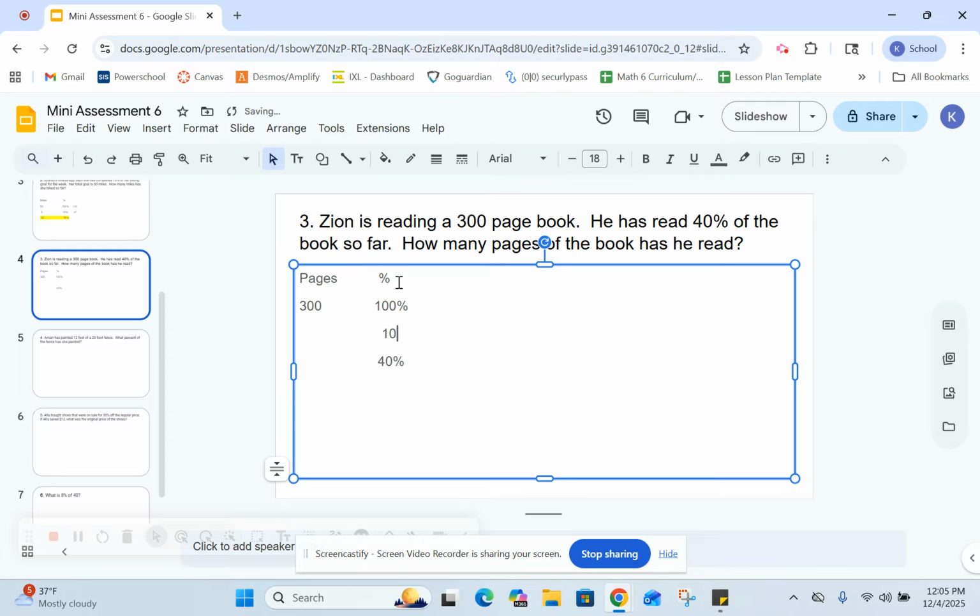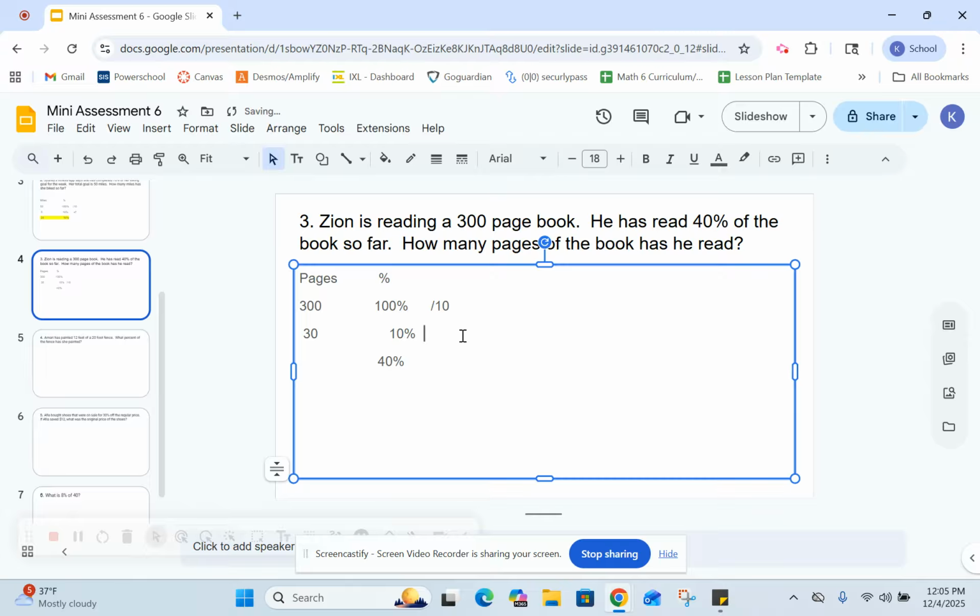I'm going to choose 10% though, because it's just easier to find. 10% of 300, if we divide by 10, is, you guessed it, 30. Actually, I put the divided by 10 in the wrong spot.